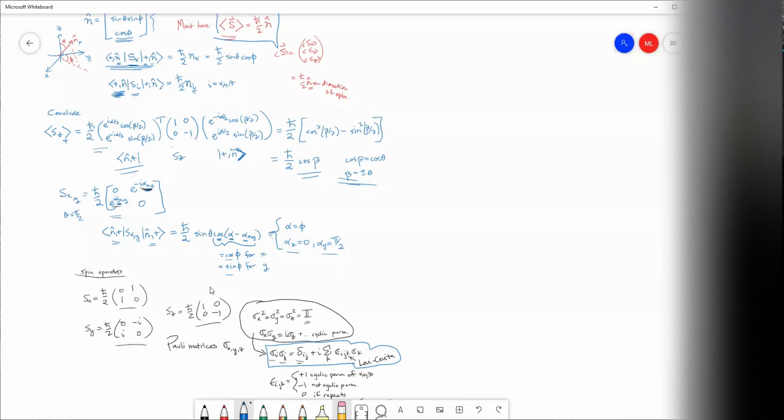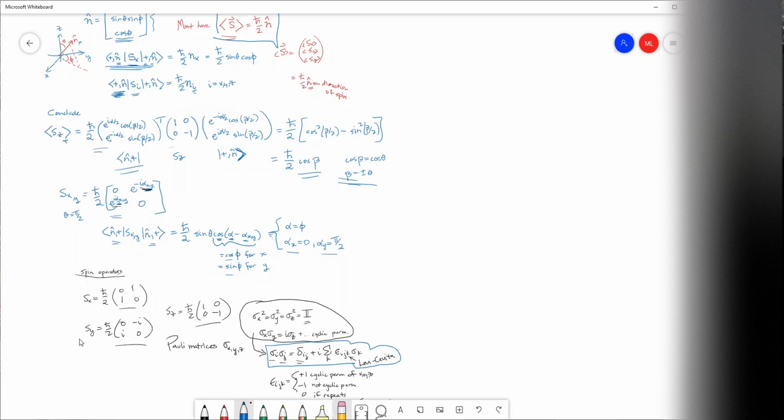So again, everything here is in this spin up down along the z-axis basis, where the z is diagonal and the x and y are not diagonal, and this shows you that measuring along the z direction means that you don't have a definite value for spin along x or y, right? Because the x and y Hermitian operators are not diagonal in that basis.